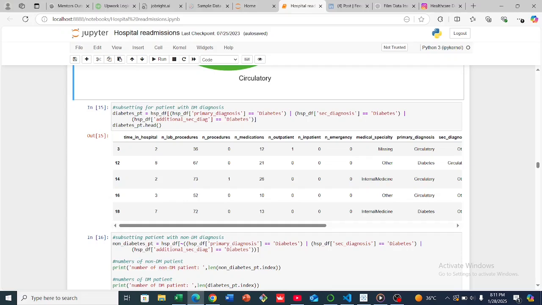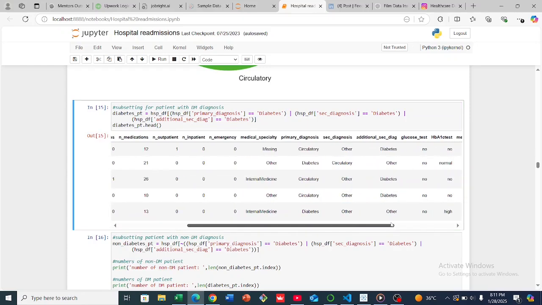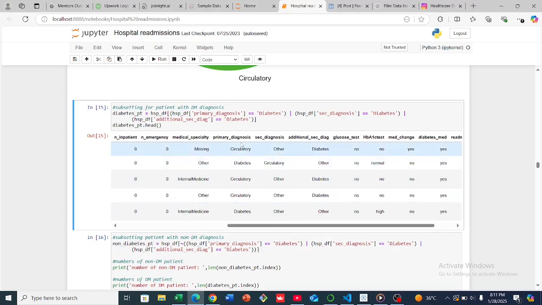So I'm saying return all rows of data only when it meets any of these conditions. Okay, so this was the data set that was returned, and if you check our diagnosis columns, you will identify that in any of these three columns, diabetes must be identified.